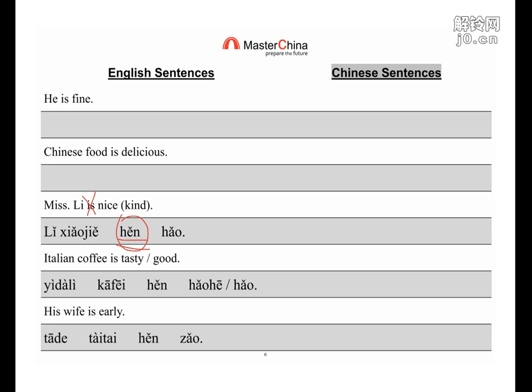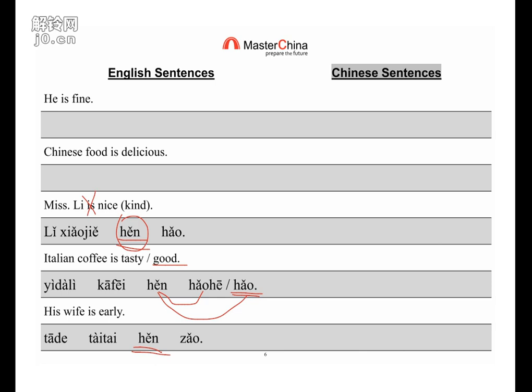Oh, you can say tasty or just say good, 很好. Anyway, we still need this. Any adjective you use, you must put 很: 意大利咖啡很好.